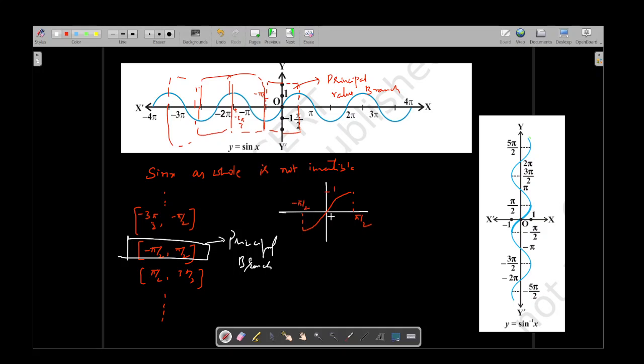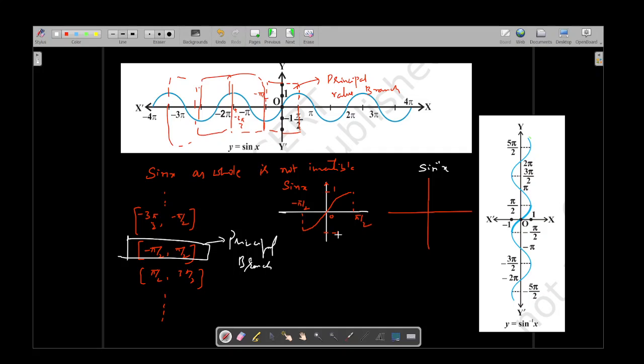This is my 1, this is 0, and this is minus 1. This is sine x. Now let me write sine inverse of x. Let me take another color. I take red to plot the axis, and white to plot sine inverse of x.